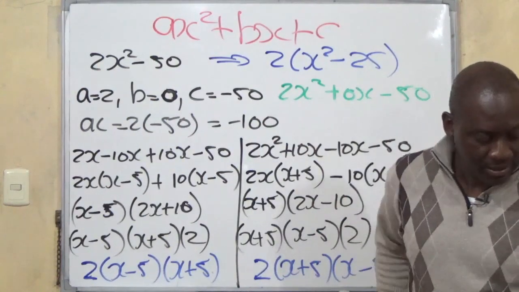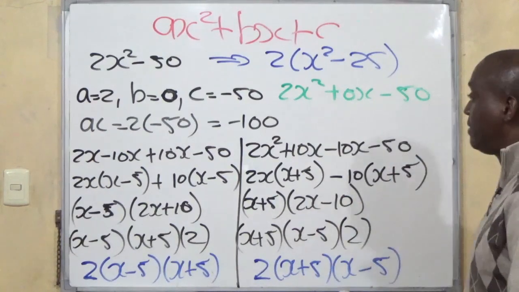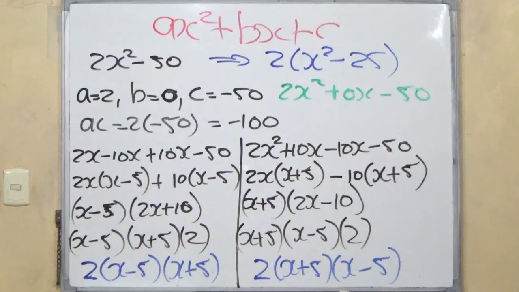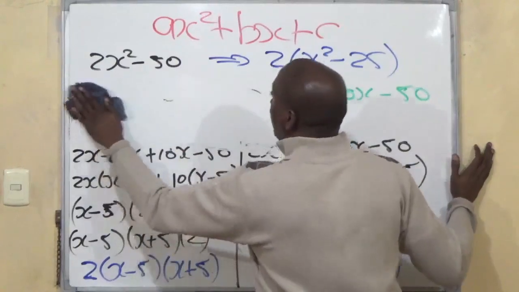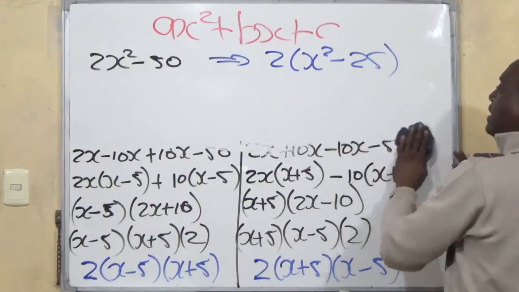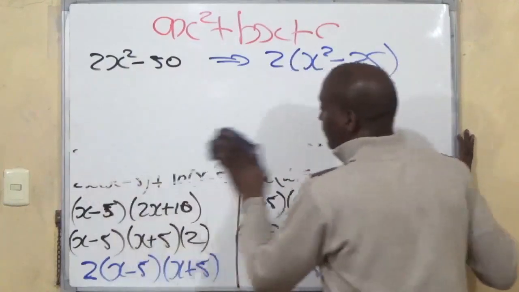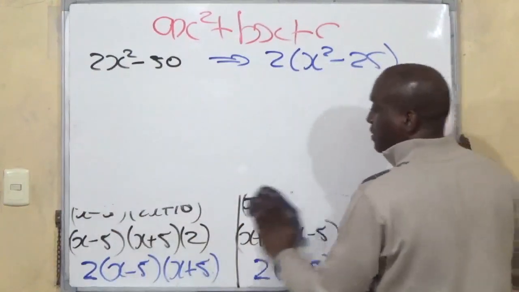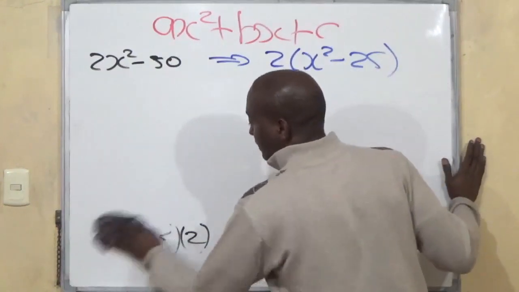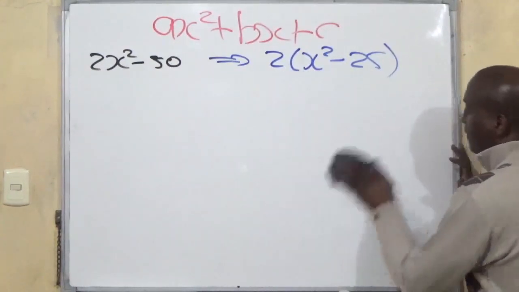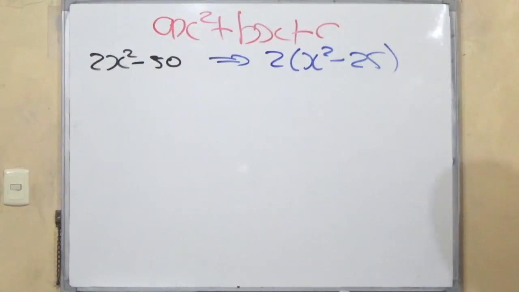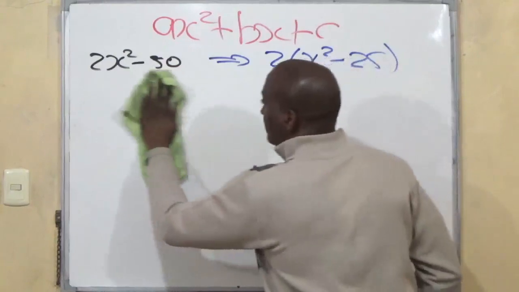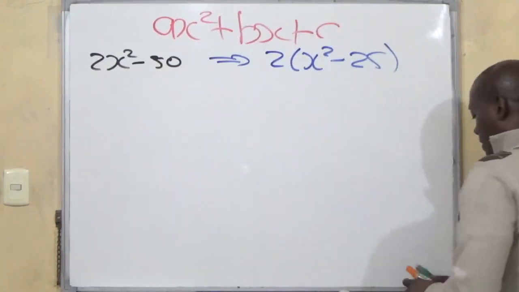let me rub off the part in the middle now, because I want to be very clear in terms of what I write in. Right? You have it there, you have it in video, you can rewind as necessary. So we factorize 2x squared minus 50, and we get 2 into x squared minus 25. We factorize 2x squared plus 0x minus 50, which is the same thing, right? Given what we know of 0, right?